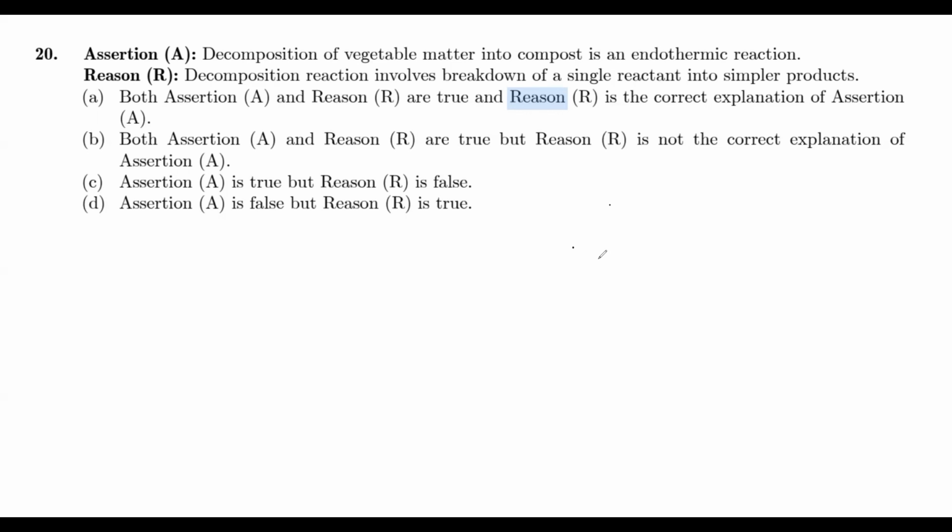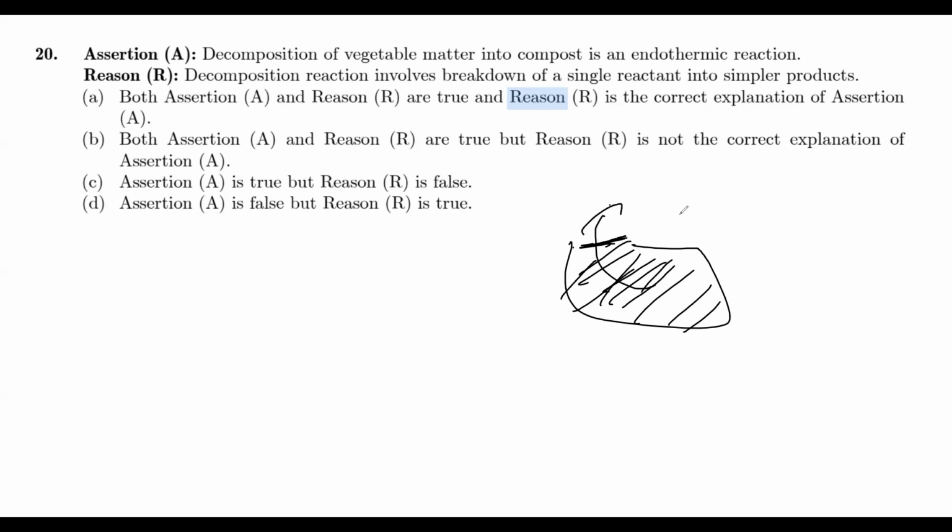When vegetable matter and animal excreta are put into a pit and then covered with soil, after 2-3 months, if you take it out, it turns into compost. And if you touch it, you'll find that it is warm. You have studied decomposition in the first chapter, Chemical Reactions and Equations. So it is an exothermic reaction. So the assertion is wrong.